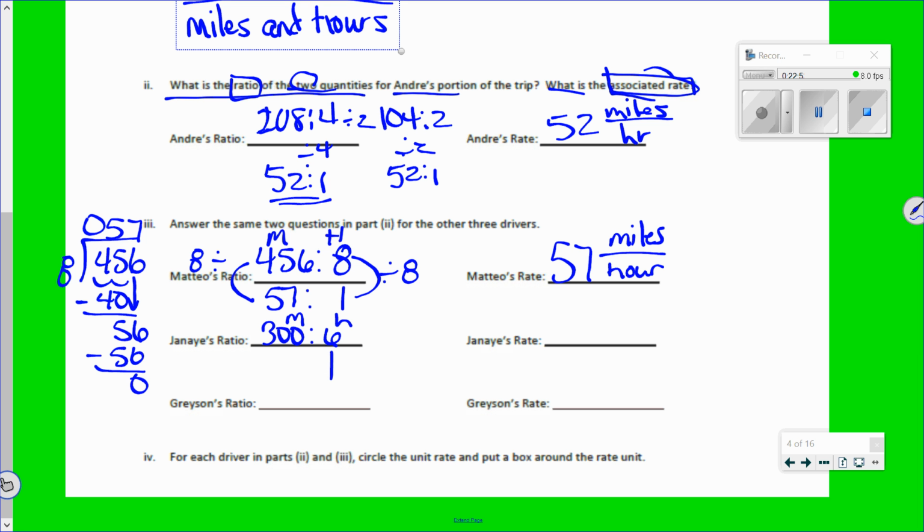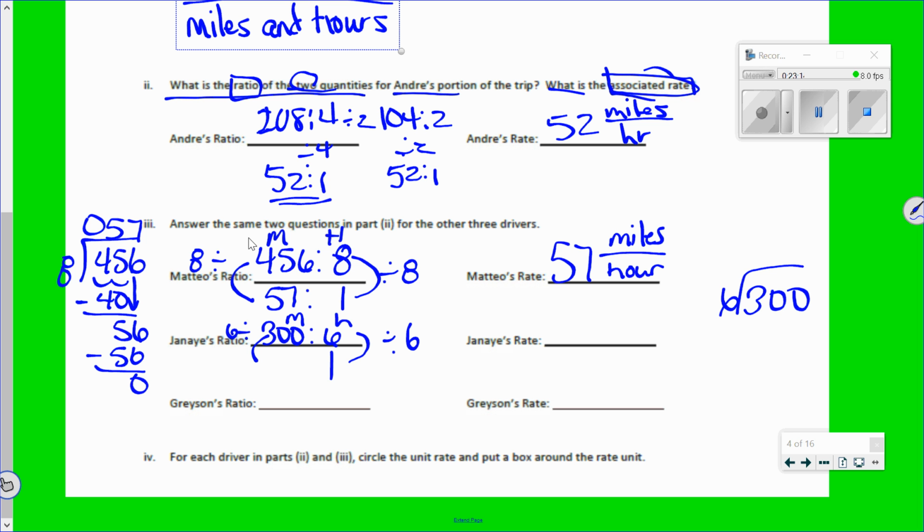So we're going to put our 1 under our 6. Am I getting bigger or smaller? So I know I'm going to be dividing. What do I divide 6 by to get to 1? So I need to divide 300 by the same number. So I have 300 divided by 6.